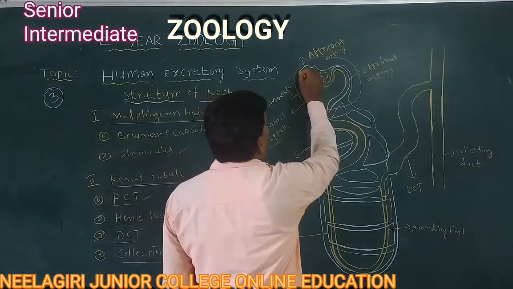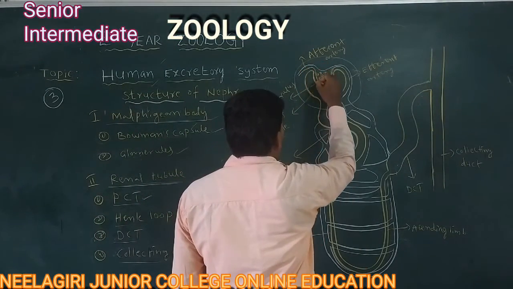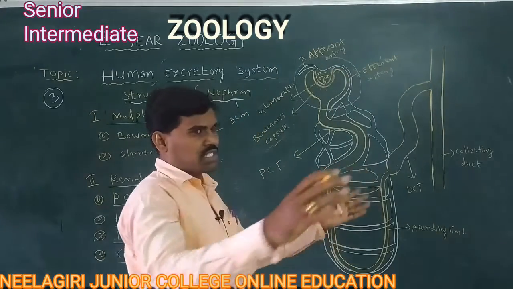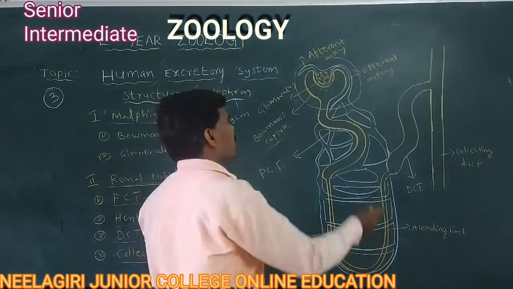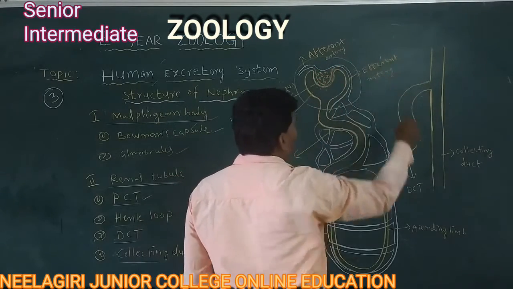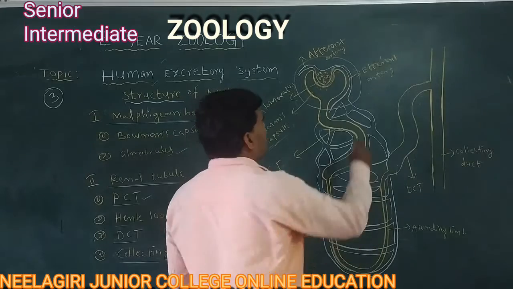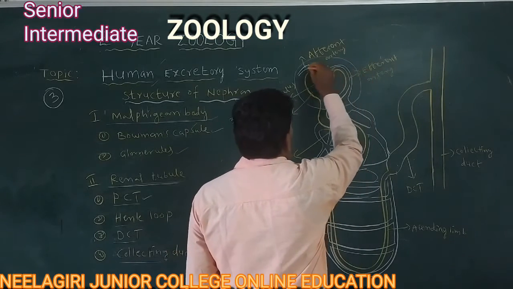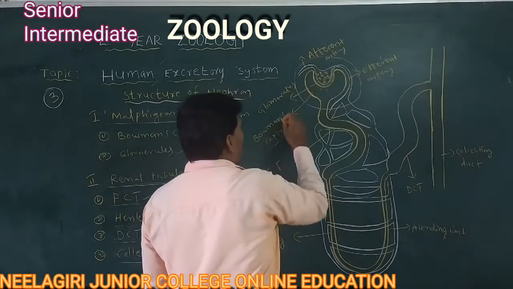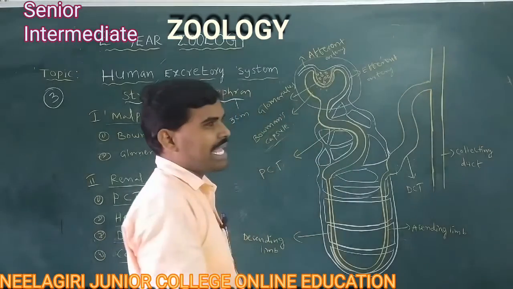First, the afferent arteriole enters the Bowman's capsule, and a single efferent arteriole comes out. The afferent arteriole divides into fine branches.